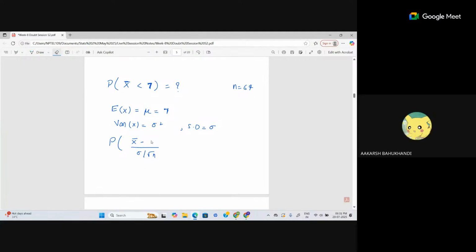Yes, ma'am, I'm writing it here. So this is 7 minus 7. You don't need to calculate the value of sigma because ultimately it is going to be 0, right?